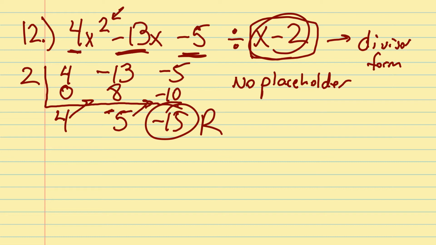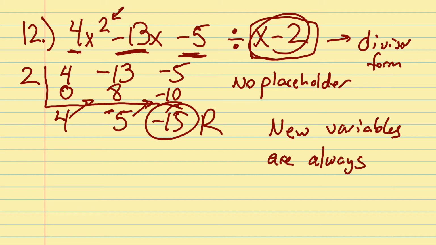Remember, step 4 says to put your variables back in. Your new variables are always 1 degree less. So I have x squared, which means that's going to be 4x.